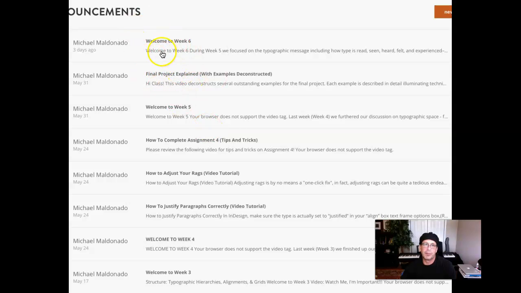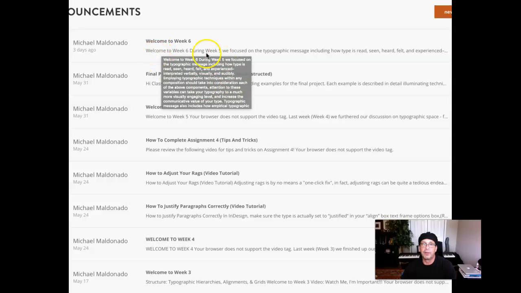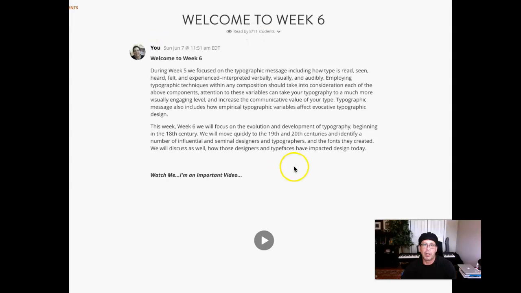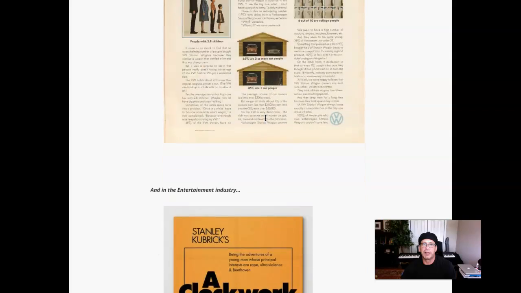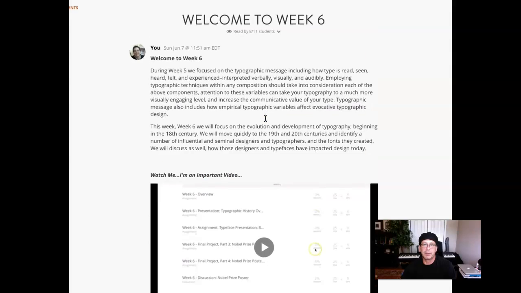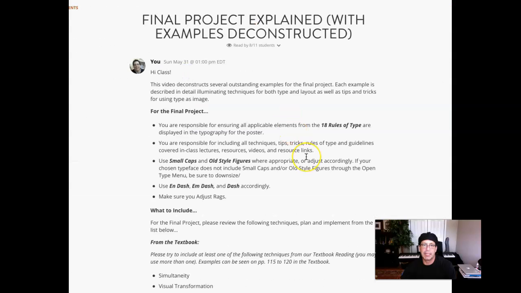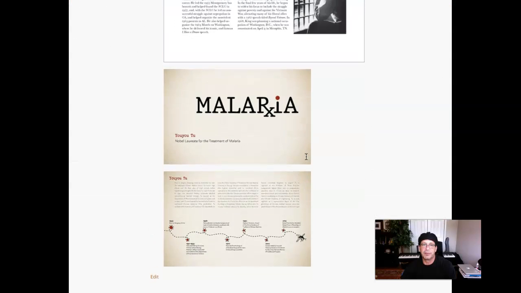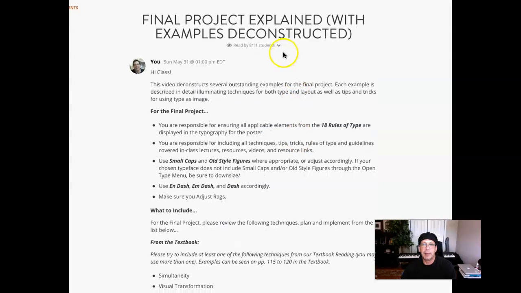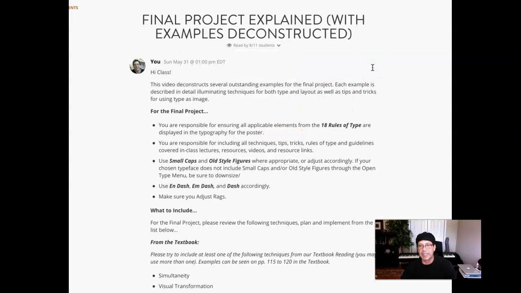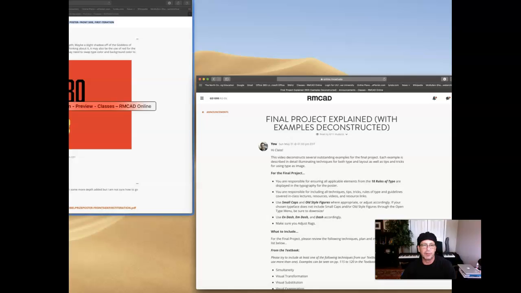Both these announcements are really pretty darn important, but this is "Final Project Explained with Examples Deconstructed," and then "Welcome to Week 6." There's some really good stuff in here too, so definitely want to take a look at those. But that announcement right here, you want to take a look at that. I deconstruct all of these and really describe, so take a look at it. I'll bet you already have. There you are. You read it. All right, awesome. Just review it again, man. I mean, things will start to jive, I promise.